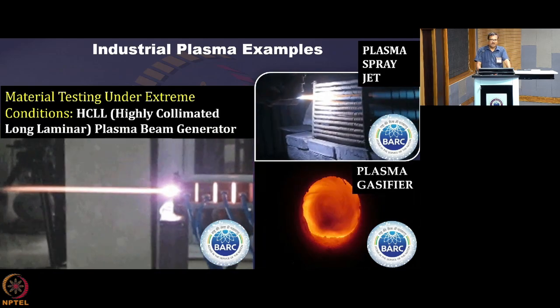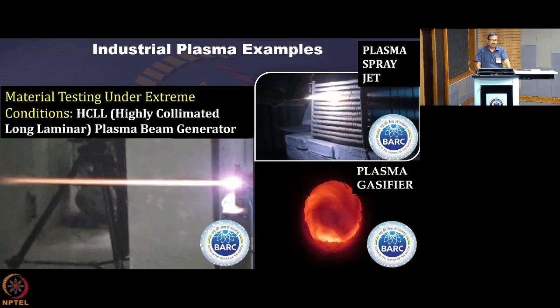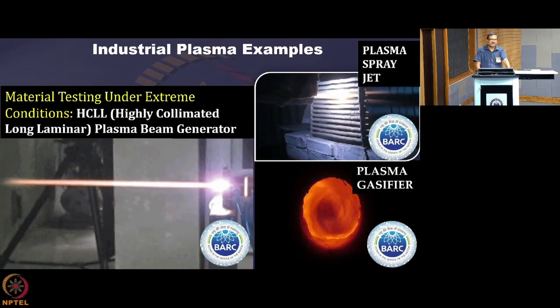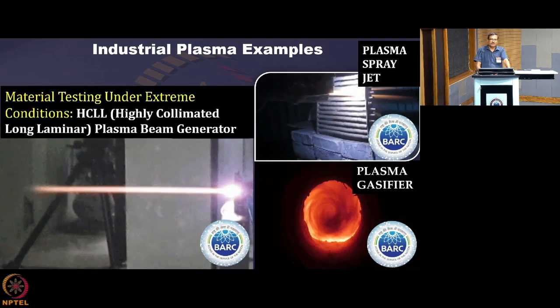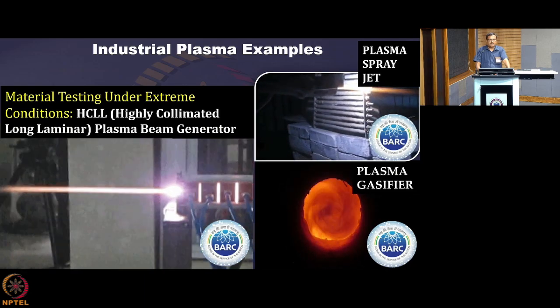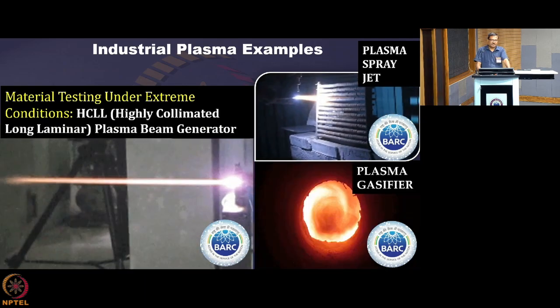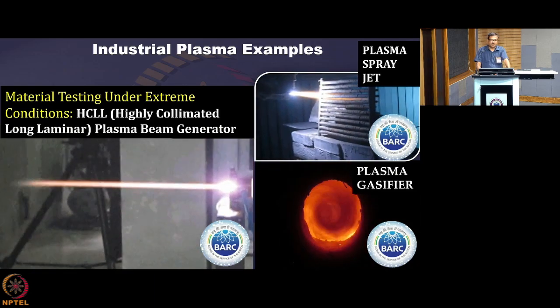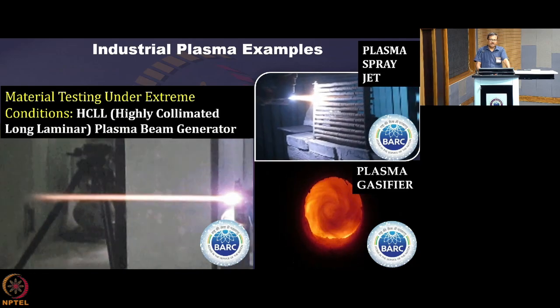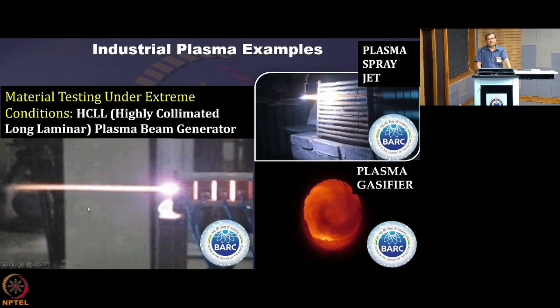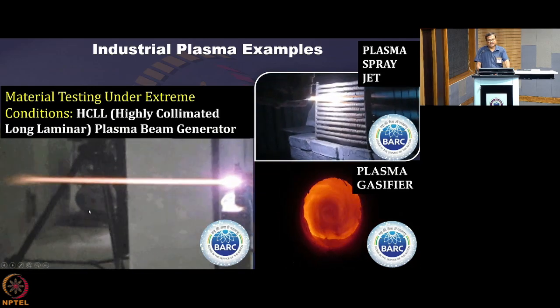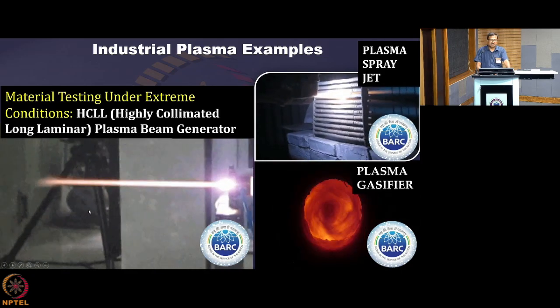And on the lower left side, the video you are seeing is a highly collimated, long laminar beam that is very useful for the study of material under extreme conditions. So let me tell you the usefulness of these industrial processes using plasma.